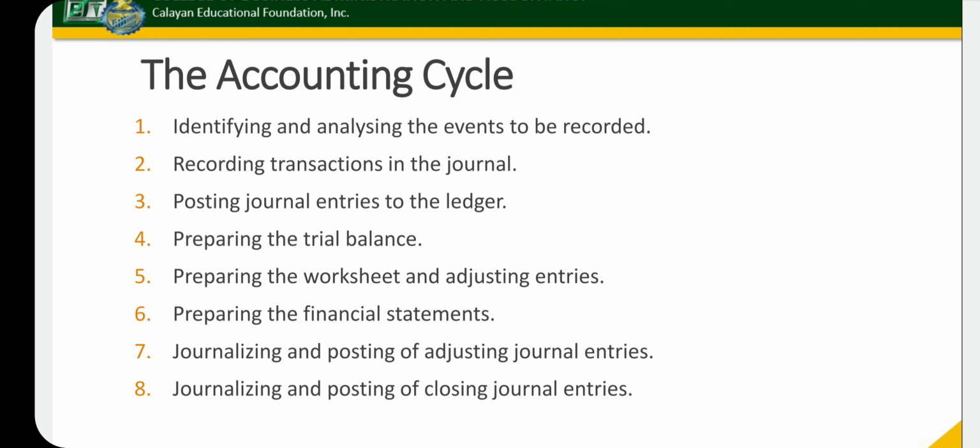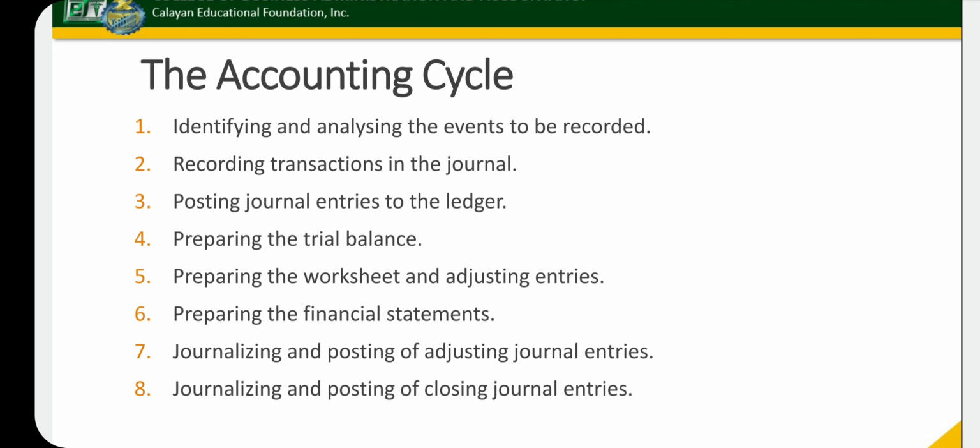Okay. Then step number 2, recording transactions in the journal. Take note that the journal is also called the book of original entry because accountants use journal sheets or journals in recording business transactions. Okay.